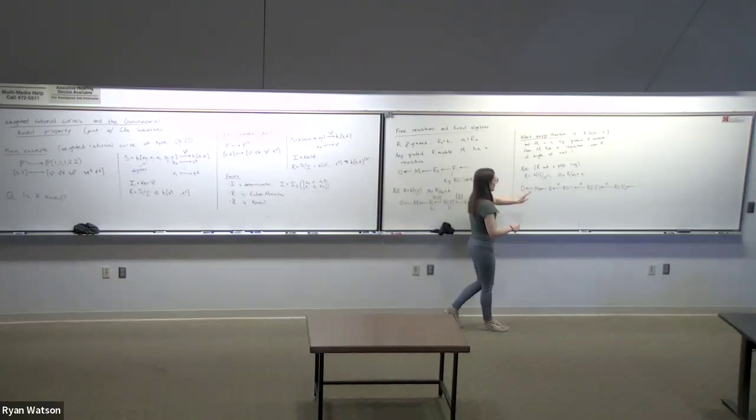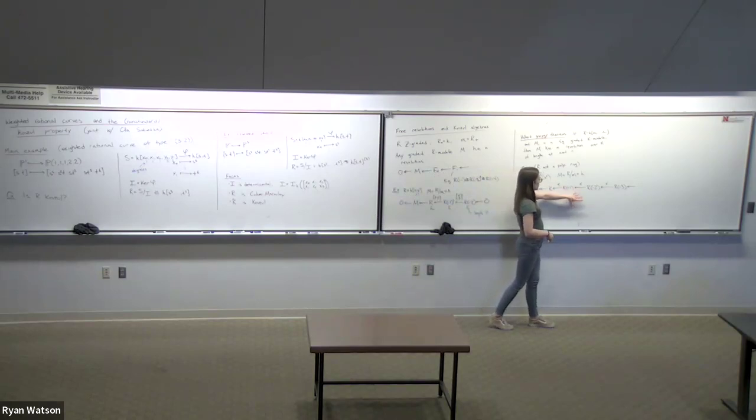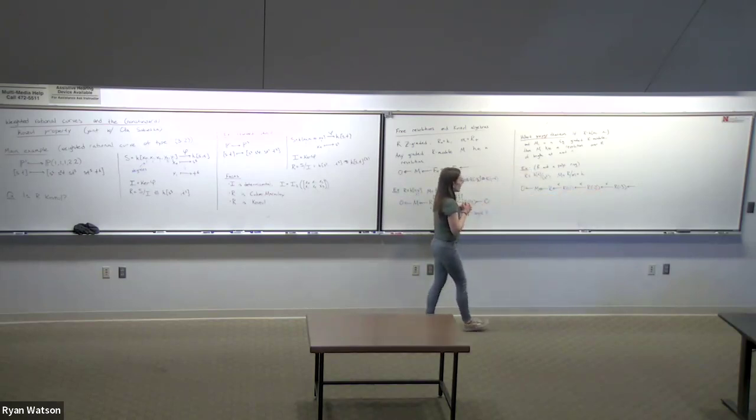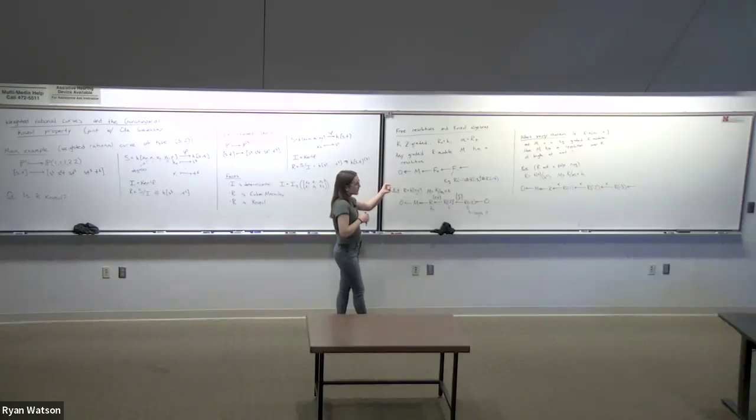Because we're assuming that our resolution is minimal, we're always going to have maps of at least degree 1, and that means that in order to make those maps degree preserving, we'll have to at least drop in our twist by 1 each time. This resolution is exactly achieving that best case scenario. It's only dropping by 1 each time. And that's coming from the fact that the maps are all linear.